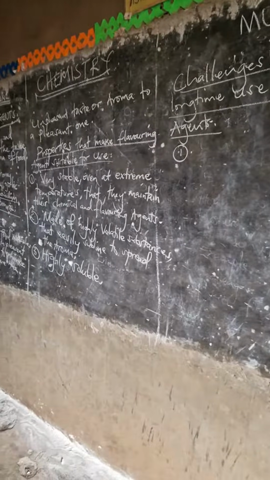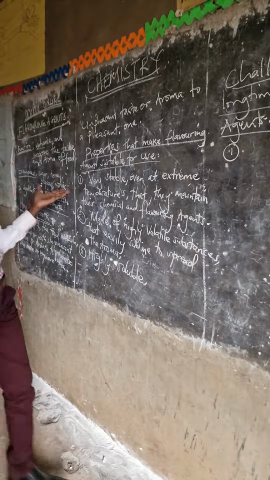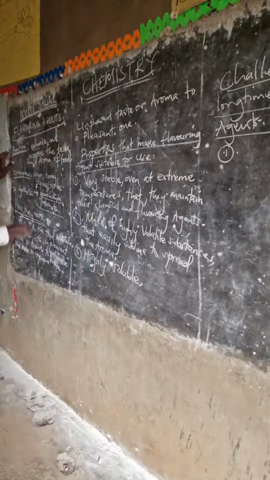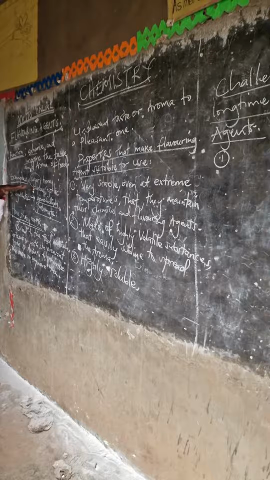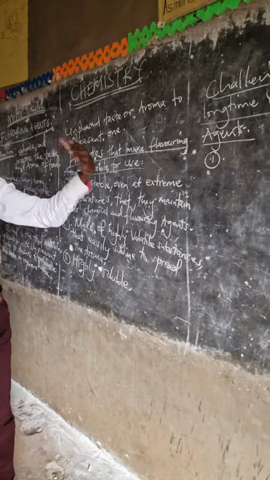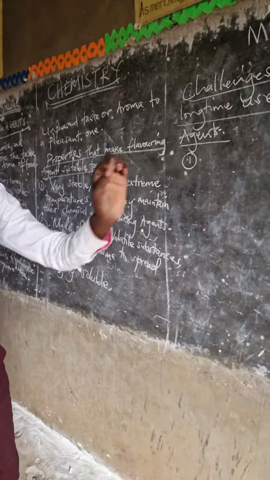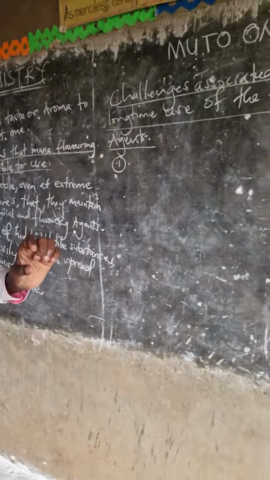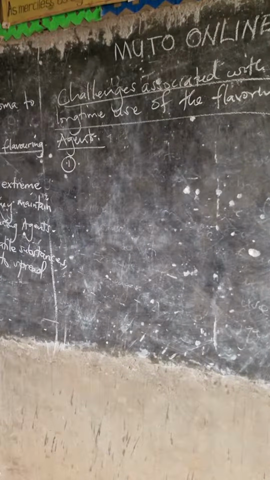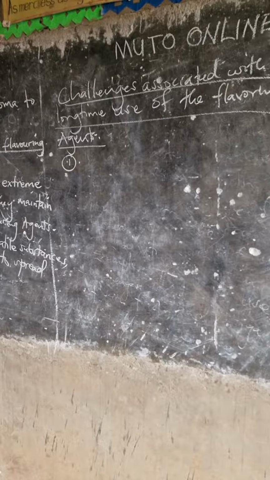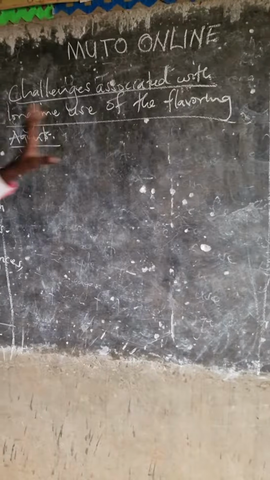Some people are diabetic, and any sugary food increases the blood sugar levels and brings out the symptoms of diabetes, which sometimes lead to death or critical medical conditions. So I'm highlighting some of the challenges associated with the use of these.